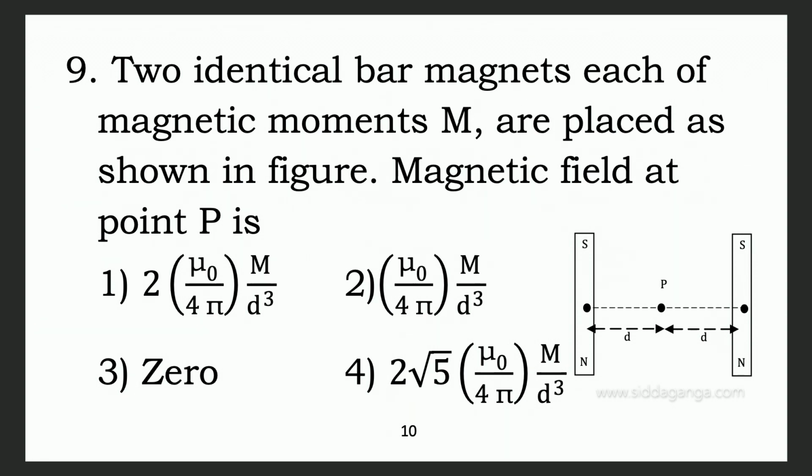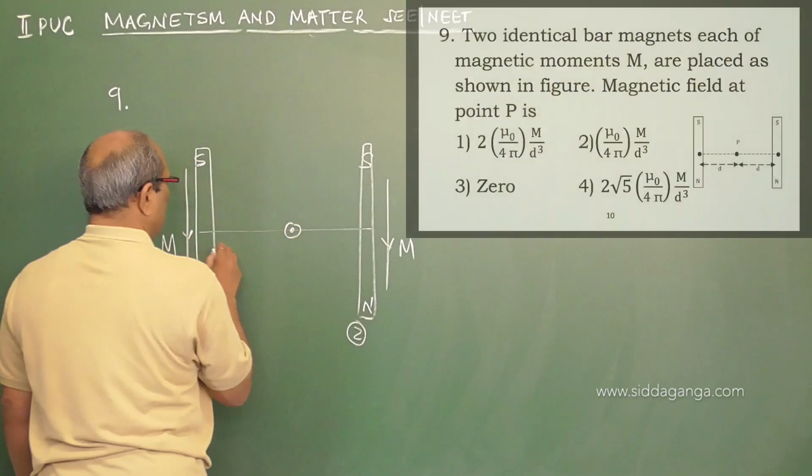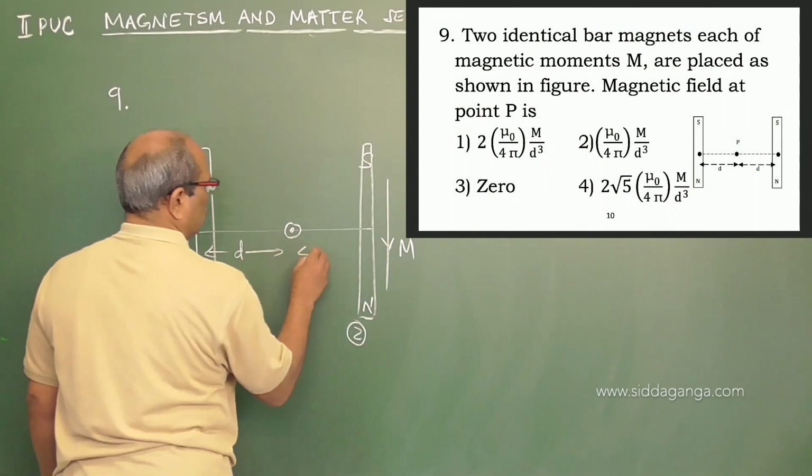Both we have to see carefully to finalize the magnetic field. So S and N, the magnetic moment is downward, and it is also downward for the second. Both moments 1 and 2 are acting downward, and the point is selected in between. The separation is also the same.